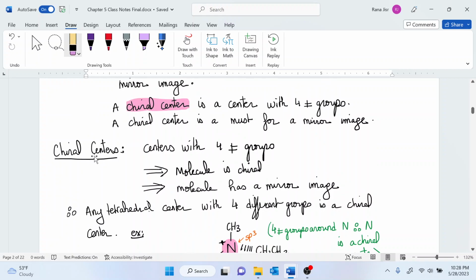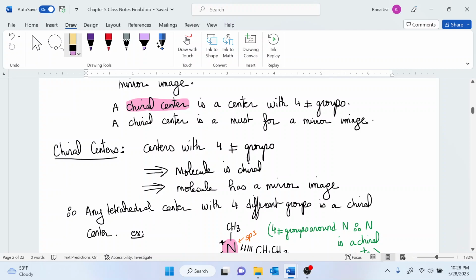So chiral centers normally make the molecule chiral, and if the molecule is chiral, then the molecule has a mirror image. Unless you are able to draw a plane of symmetry through the chiral center, then the molecule will be achiral. And that is a different case that we will discuss as we proceed.